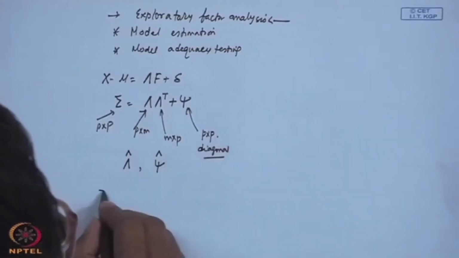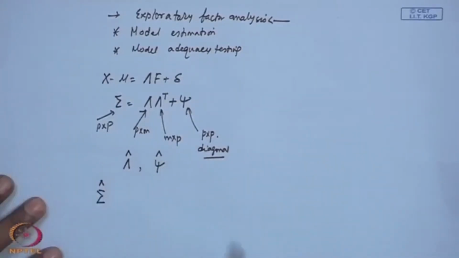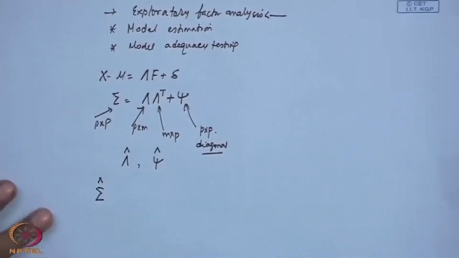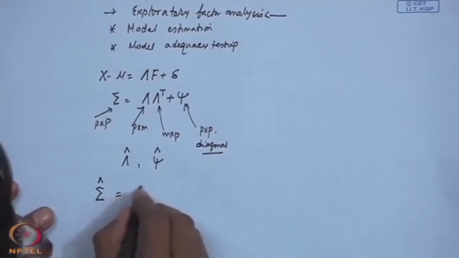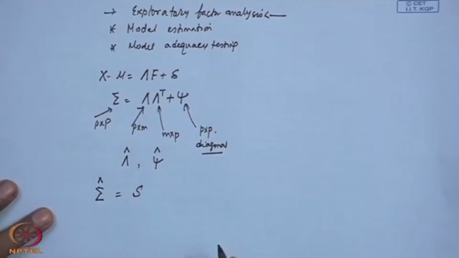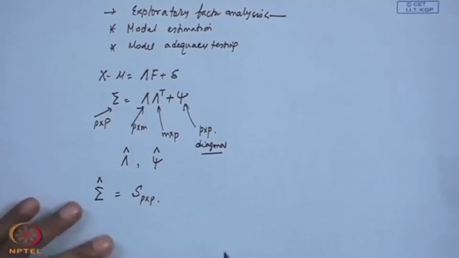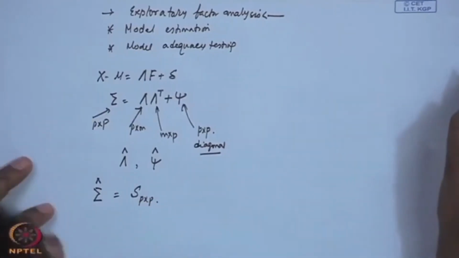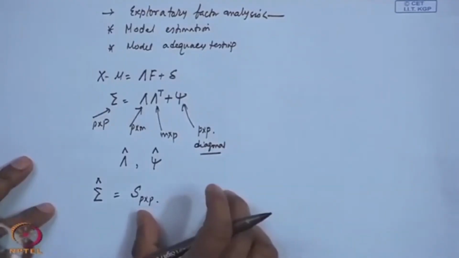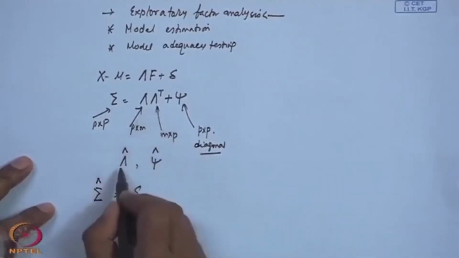We know the sample covariance matrix, which we can assume as S. This is also P cross P matrix. So how do I go about estimating these two?